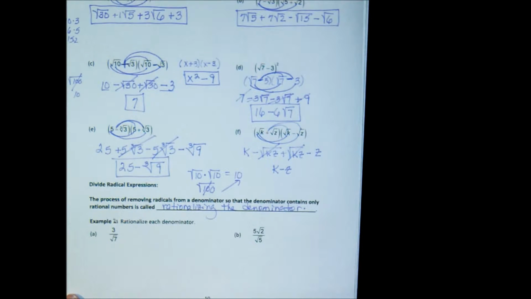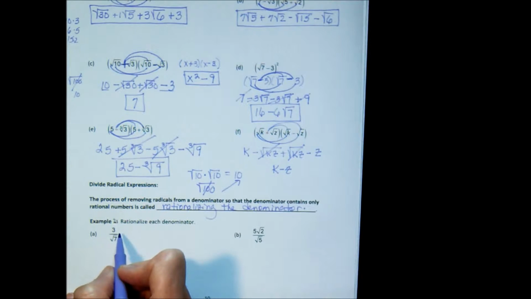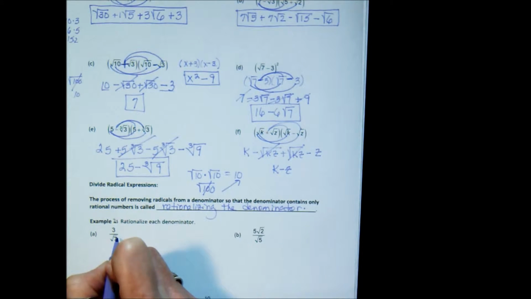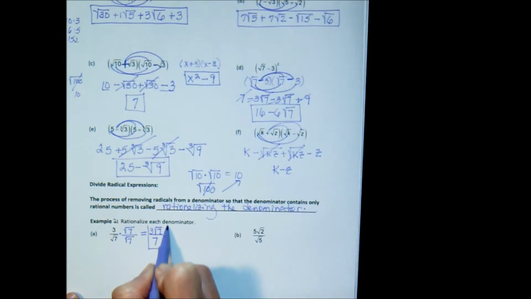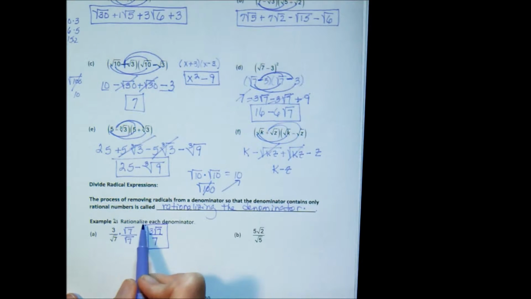So if you have a radical expression in the denominator, and it's just a monomial, we are going to multiply by itself over the same thing, because that will cause in my denominator square root of 7 times square root of 7 to be just 7. So I got rid of the radical sign. In my numerator, I have 3 square roots of 7. And so I accomplished the goal by rationalizing the denominator. This is considered simplest form.